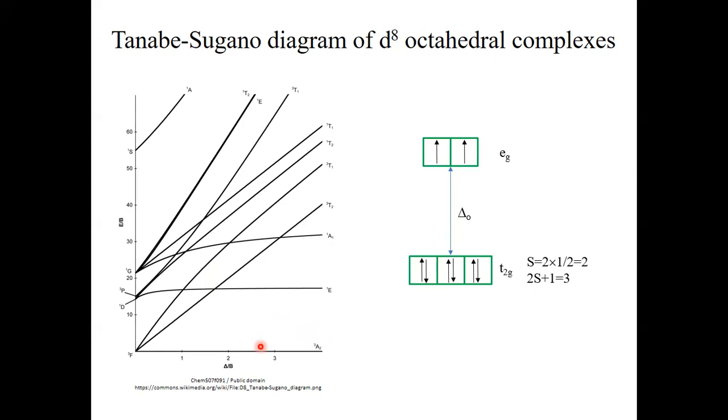And now let us understand which electron transitions are allowed. So how many other triplet terms do we have? Well, this is a singlet term. This is a singlet term. And this here is a first triplet term. So that defines the first electron transition. Here, this is another triplet term, which defines the second electron transition.